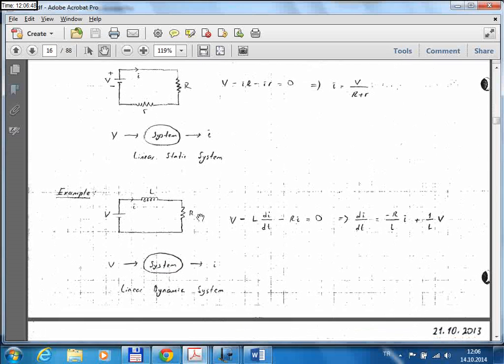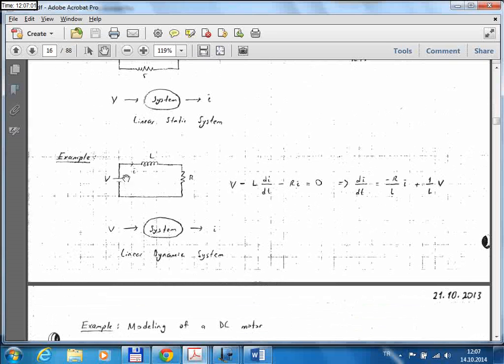So let's take a look at this example. We connect an inductor and a resistor through a battery like this. So we basically write the Kirchhoff law around the loop. We start from here. There's a battery, and here you need to be careful about the signs of the voltage changes.